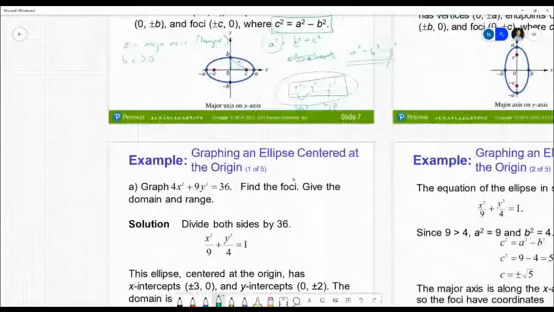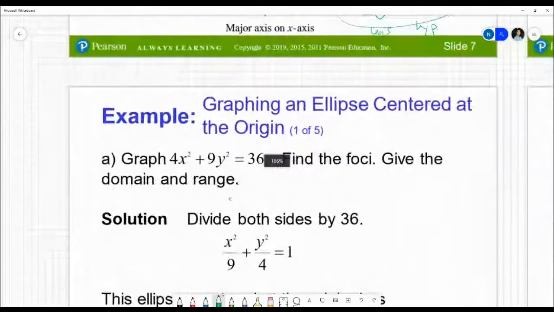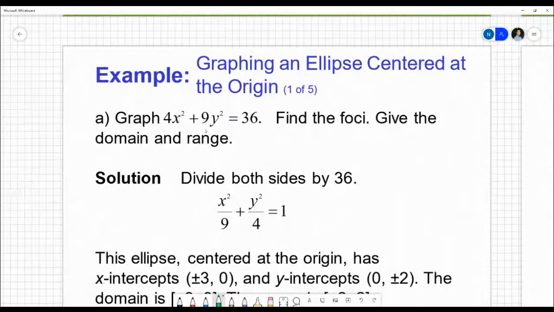All right, so let's look at this one. So we're going to graph this equation here, give the foci and give the domain and range. Okay. So first, we have to get this to equal 1, because our formula is x squared plus y squared over a squared, b squared. So for either a or b, the larger value is going to be our major axis.